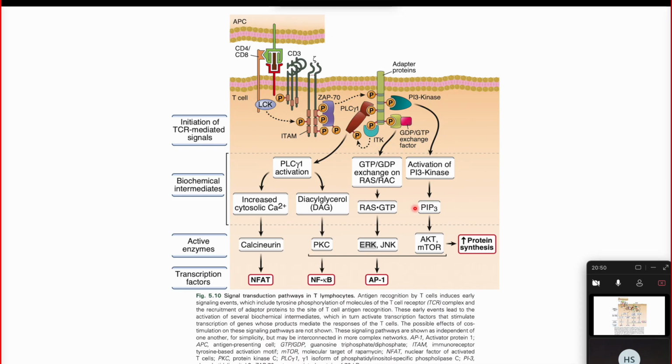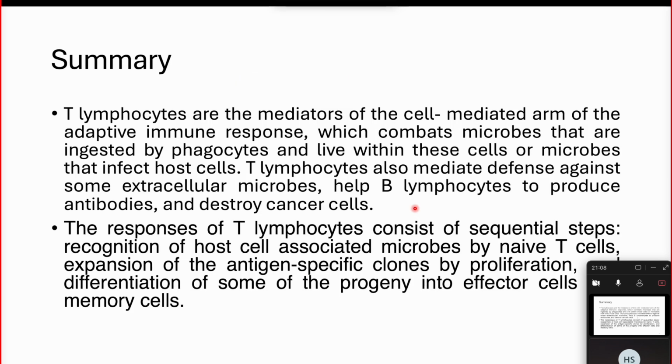All these are basic signaling entities which are activated once the ligand is recognized by the receptor. And in immunology, we'll see this once the antigen is recognized by the lymphocytic receptor.